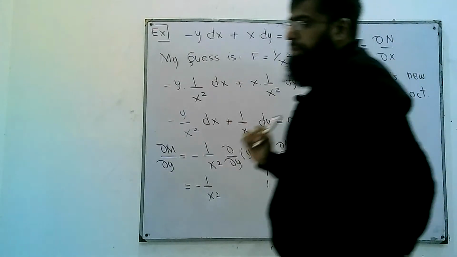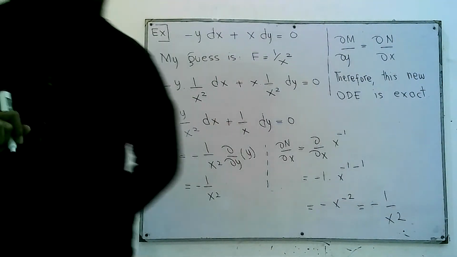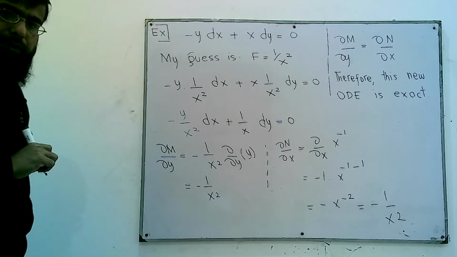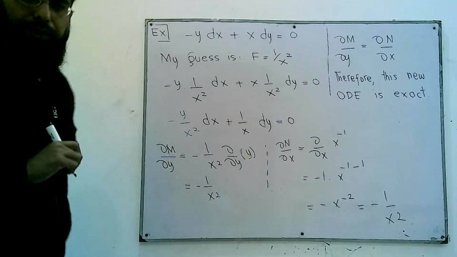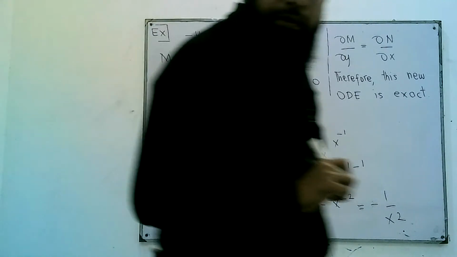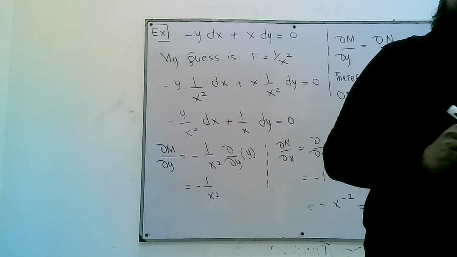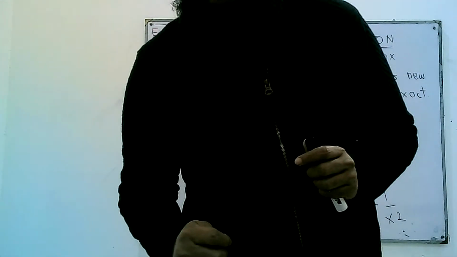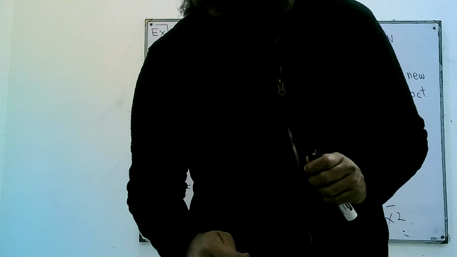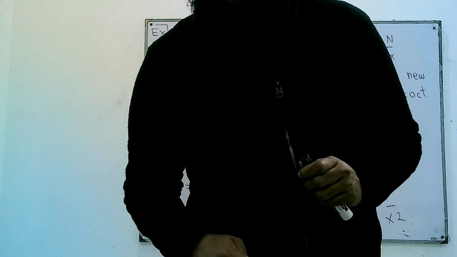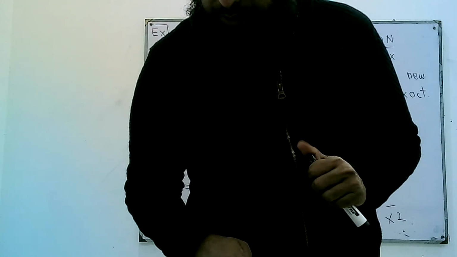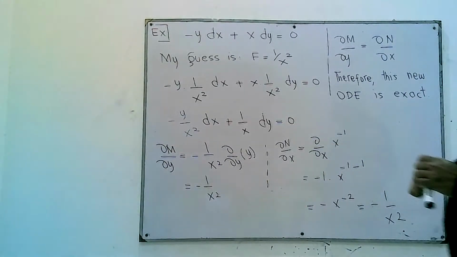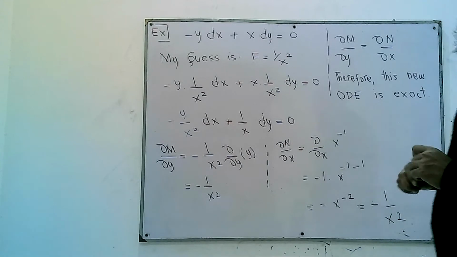So by multiplying with an integrating factor 1 over x squared that we have chosen randomly, the equation is now of type exact, and now we can find the solution.